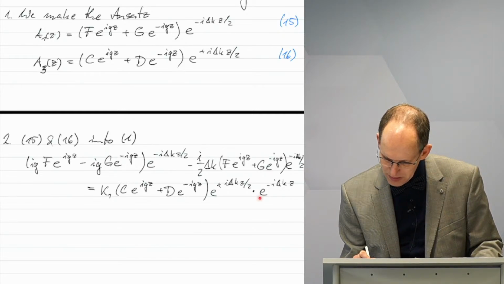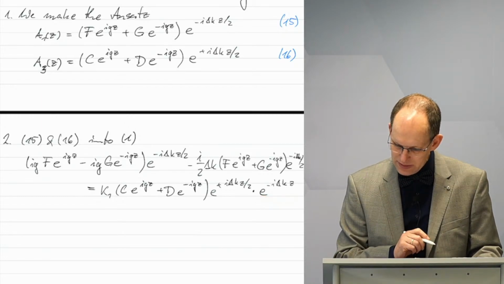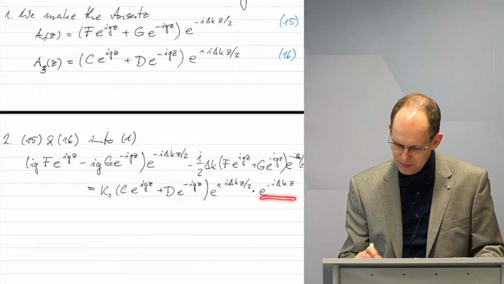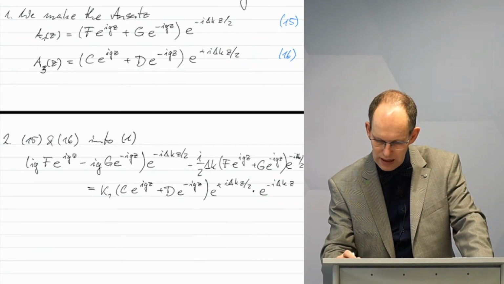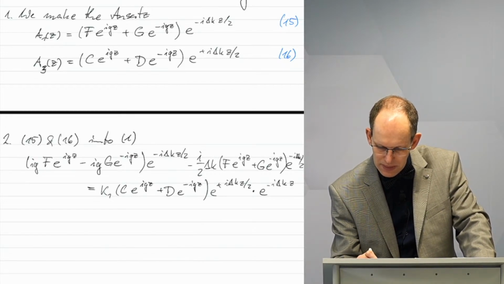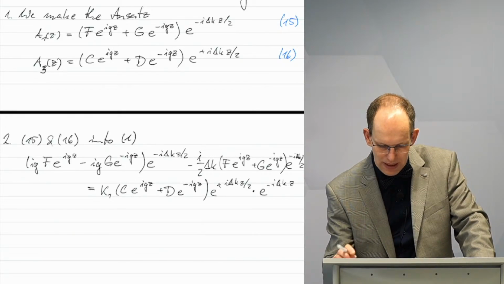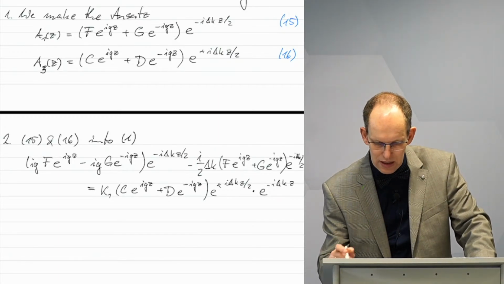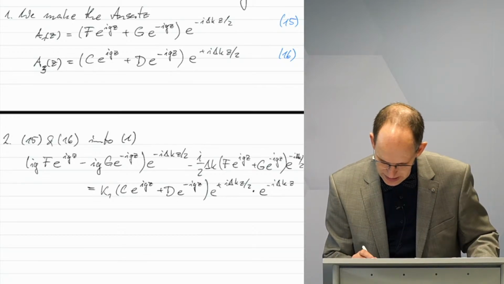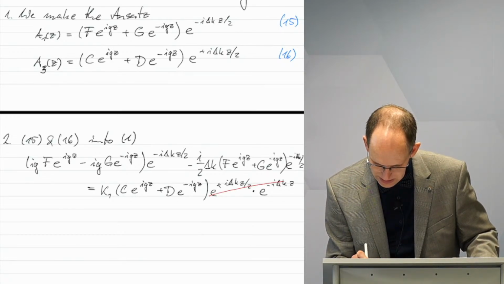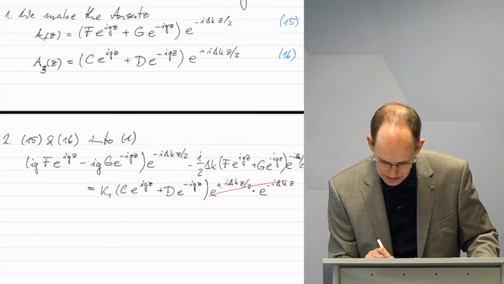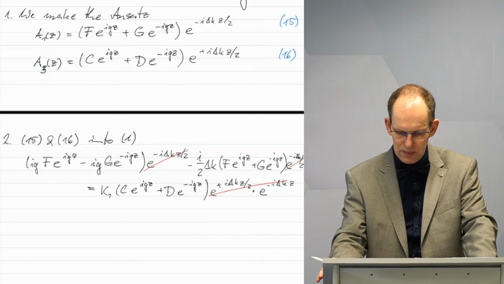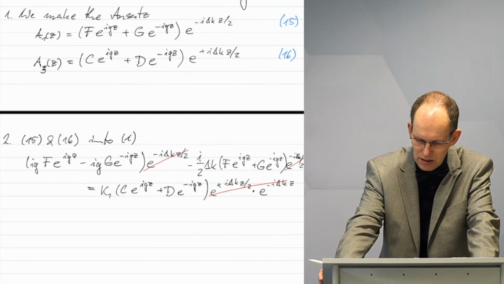But by multiplying with this factor that came from equation 1, the phase matching factor, you see that we get the same thing on both sides of the equation. So we can drop these exponentials, where we have this phase matching factor.